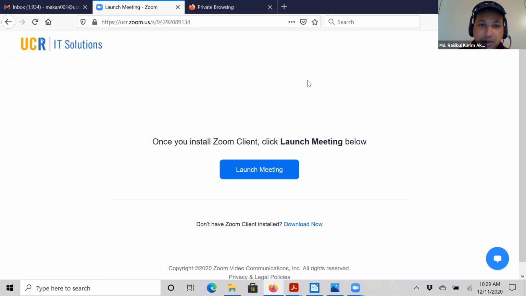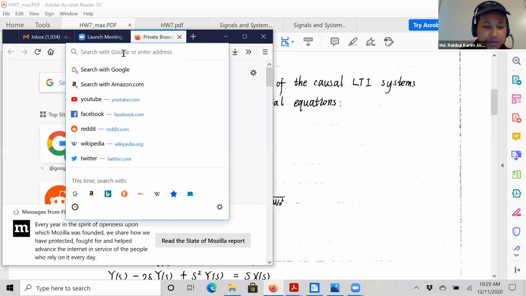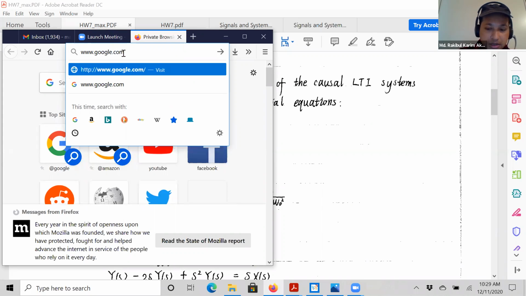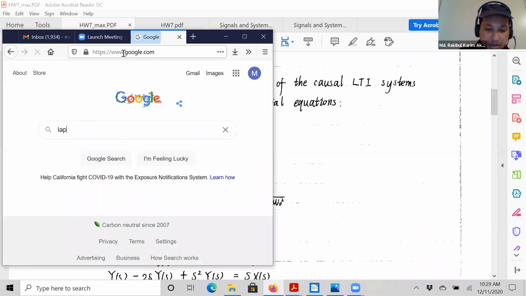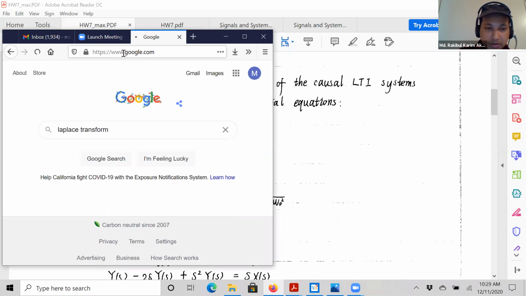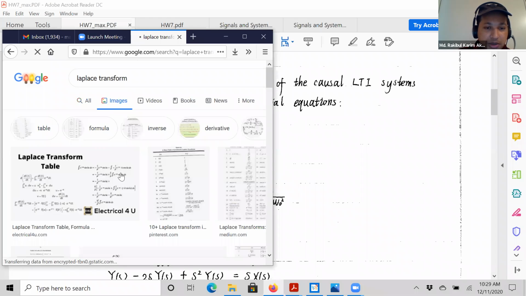if you search in Google, say Laplace transform, and if you go to the images, you will see there is a bunch of equations.